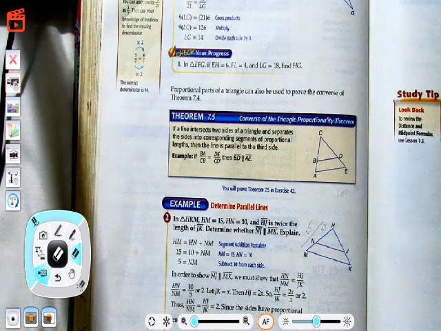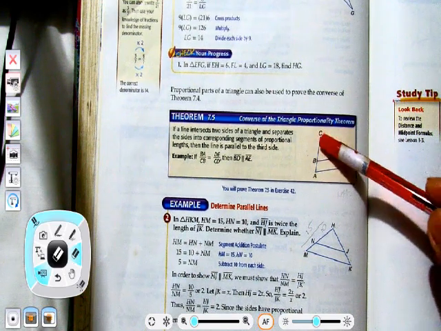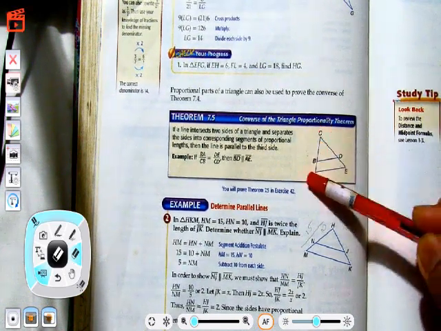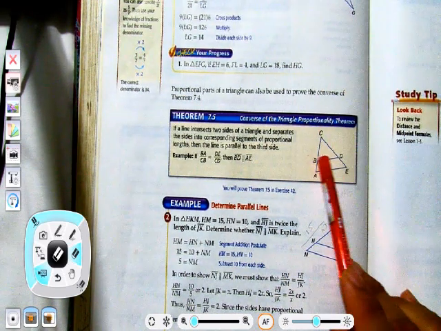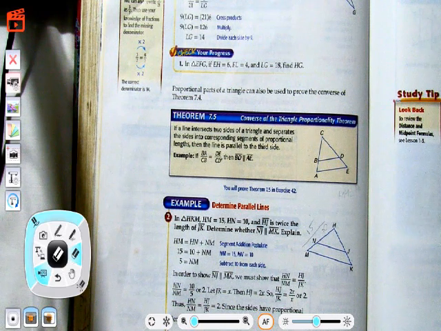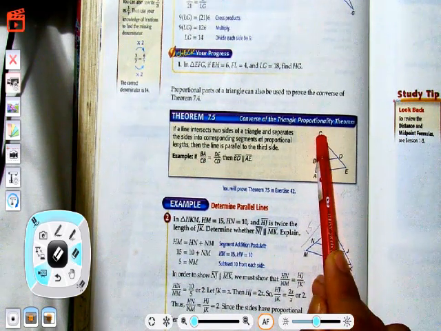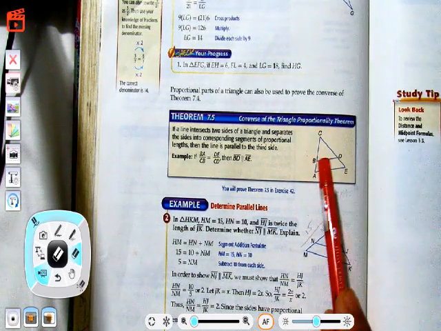So it follows that if these ratios from the two sides of your triangle are proportional, then the two lines are parallel. So you see, if BA over CB is equal to DE over DC, then these two lines are parallel.